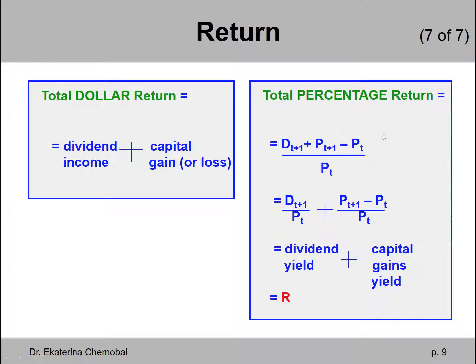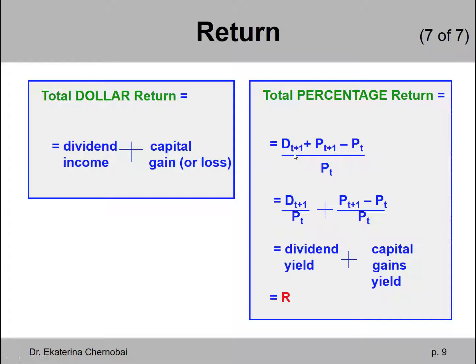So the one fraction I'm talking about is the original method of calculating the total percentage return, where you take everything you receive over 1 year, which is the dividend in year t plus 1, and the new price per share, price t plus 1, and you subtract what you paid at the beginning of the year, which is price subscript t.